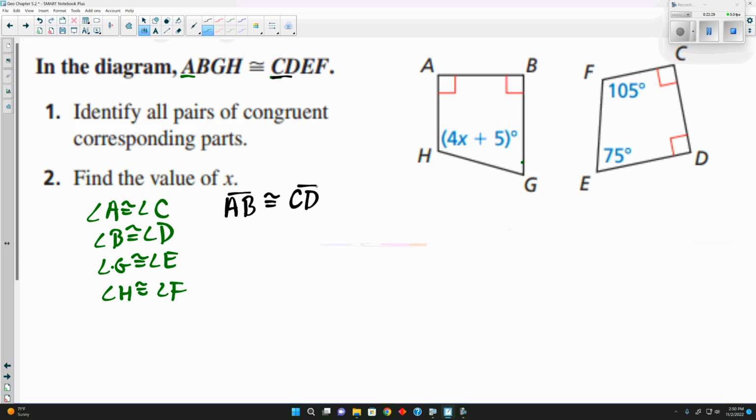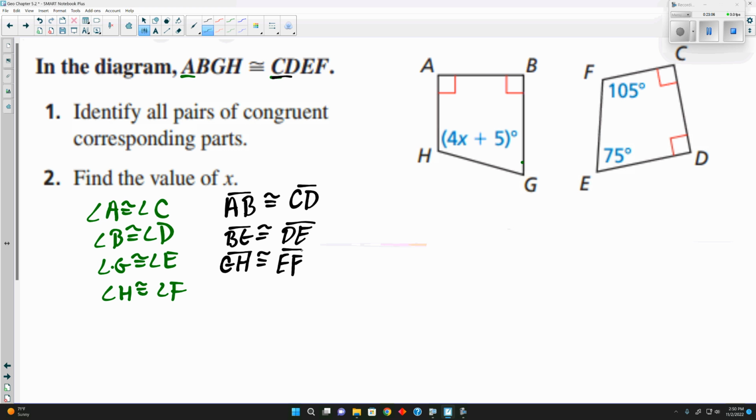And they match up. The next two would be B, G, and the next two in the statement is? Then our next two is G, H, GH, and EF, yes? Because we're just going around the figure. Do we have another letter after H? H, A, because it comes back full circle.